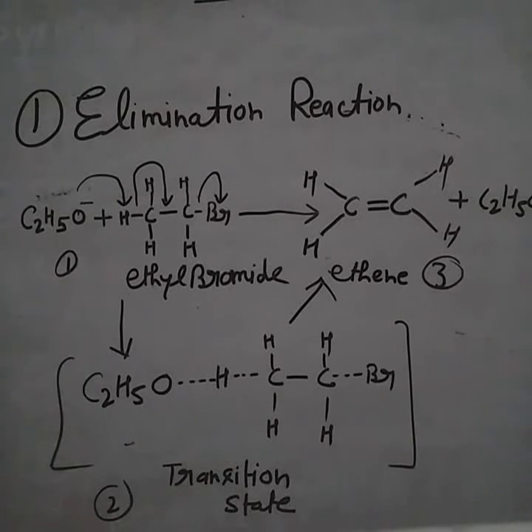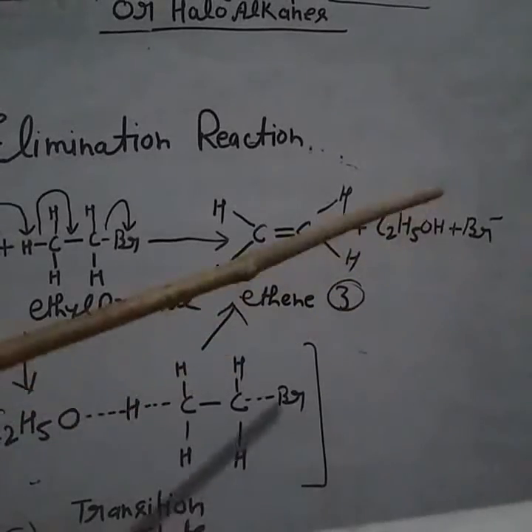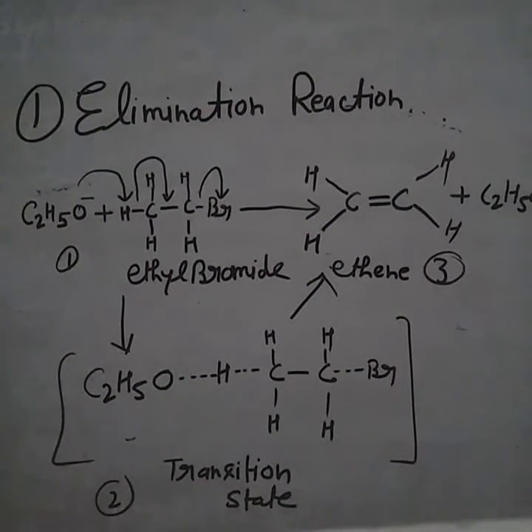In E2 reactions, ethyl bromide eliminates in the transition state. After the transition state, it forms ethene and ethyl alcohol and bromide is released. So E1 and E2 reactions combine to complete elimination reactions.